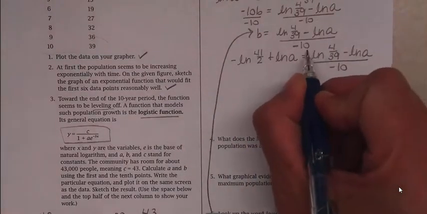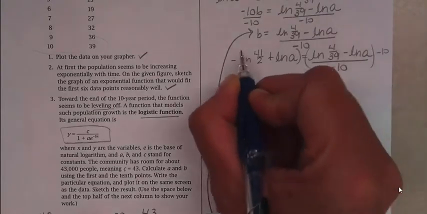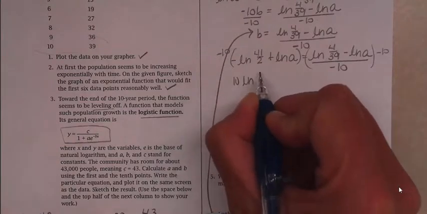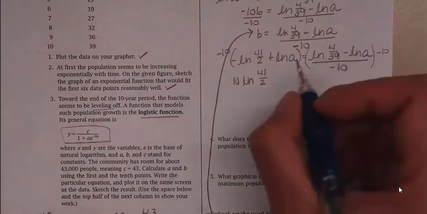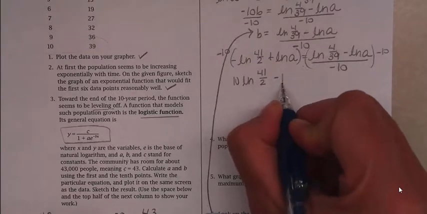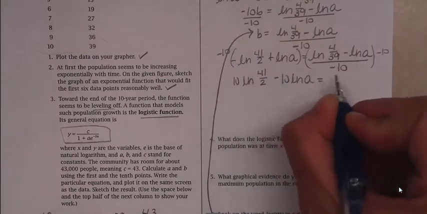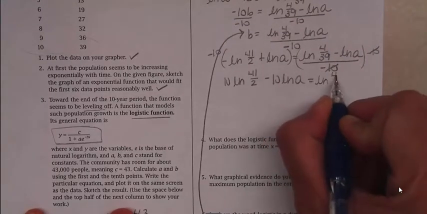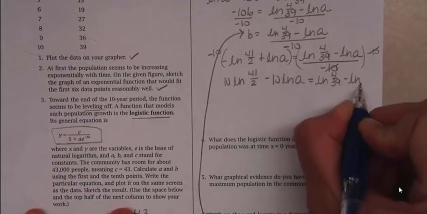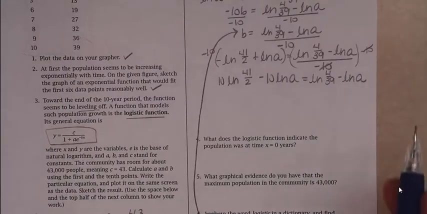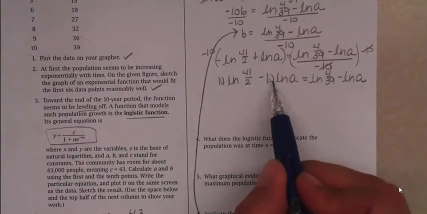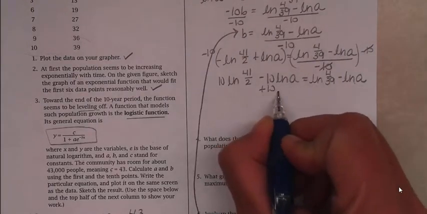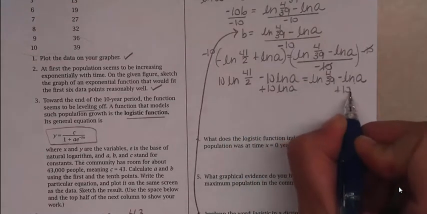So let's see, if I multiply both sides by negative 10, I get 10 ln of 41 halves minus 10 ln of a. Now these negative 10s reduce to 1, so I'm just left with ln of 4/39 minus ln of a. I might want to get all my ln of a's on one side and everything else on the other side, so I'll add this 10 ln of a to both sides.